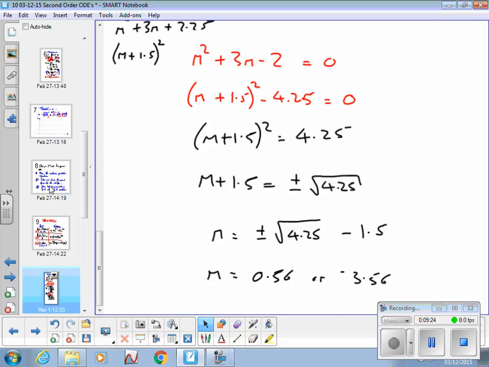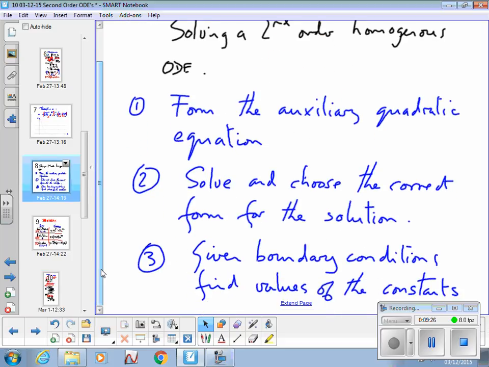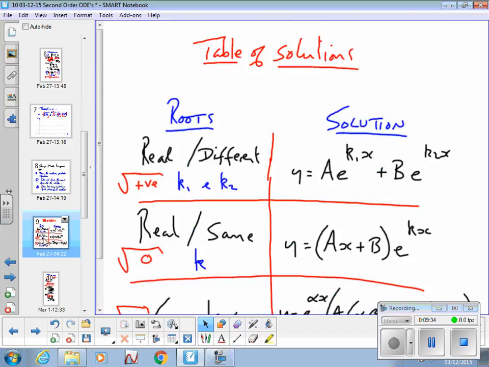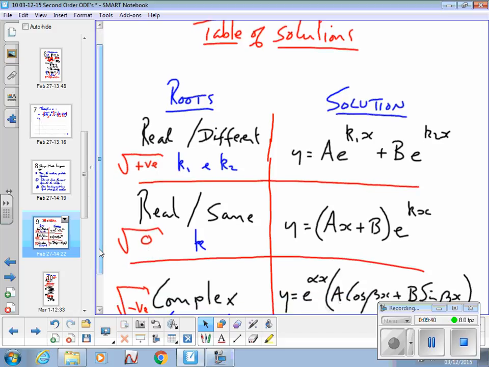Now what we do is we go to step 2 and choose the correct form for the solution. So that's where our table comes in. If we look at your table of solutions, it looks a bit like this. If your roots are real and different, so I've got 2 values, then it's this solution here.